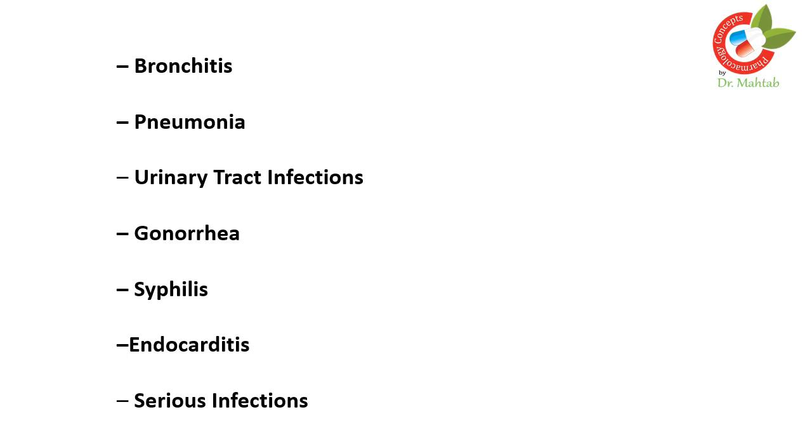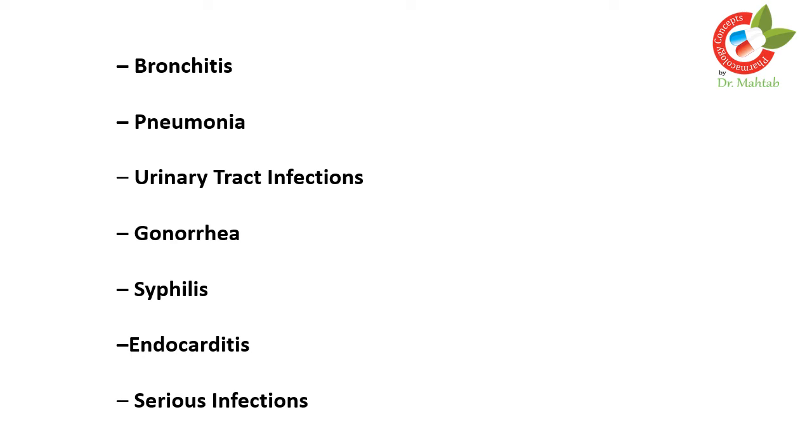The next clinical indication is endocarditis, for example, with Streptococcus viridans or Enterococcus faecalis. These organisms are causative agents of endocarditis, and this endocarditis is treated with high dose intravenous benzyl penicillin, sometimes with aminoglycosides.